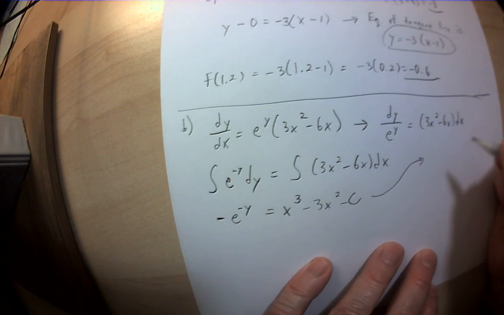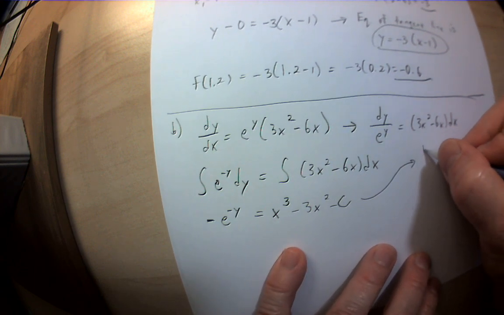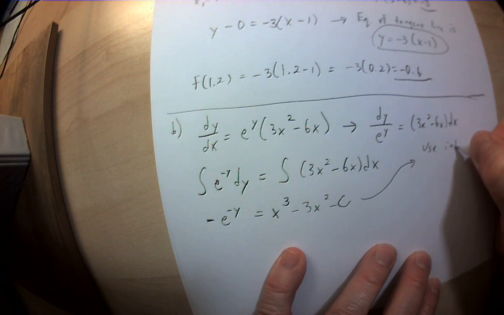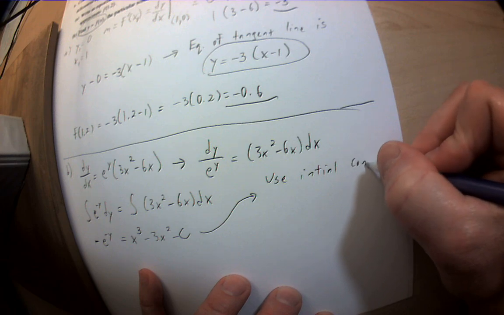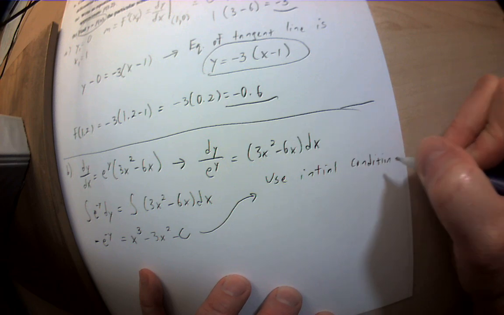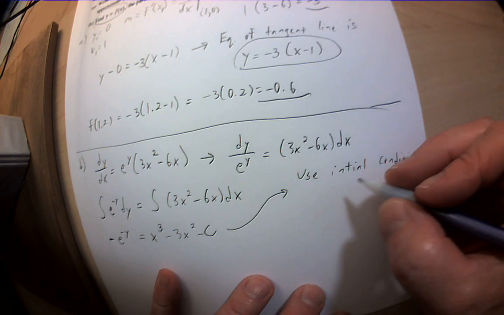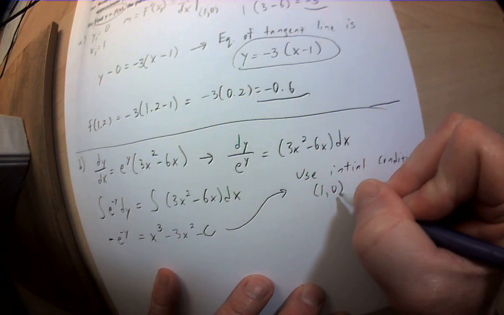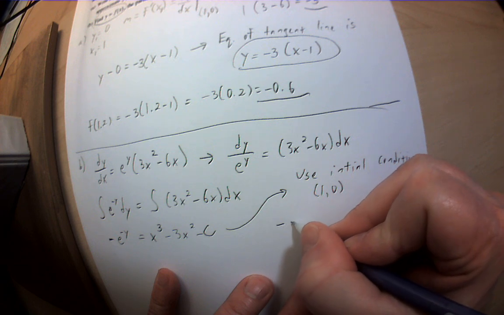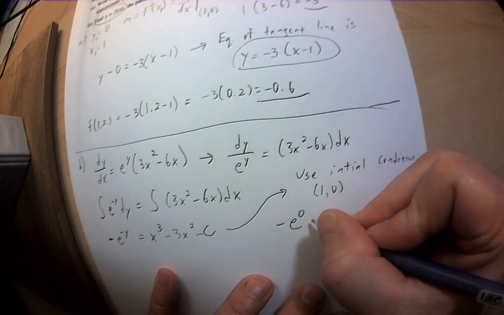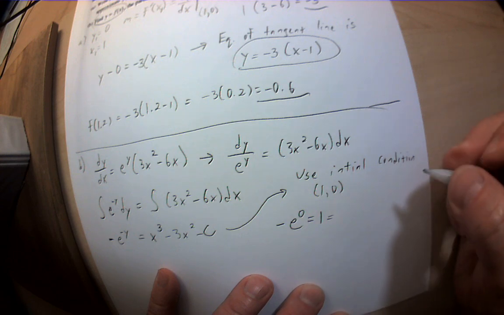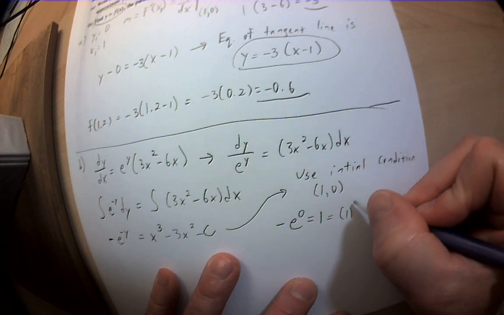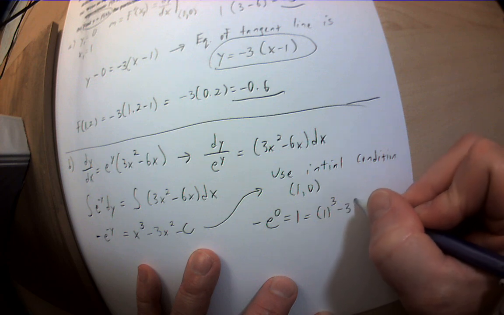Now I have to find c, so I use the initial condition. The initial condition is 1, 0. So if I do that, I get negative e to the 0, which equals 1, equals 1 cubed minus 3.